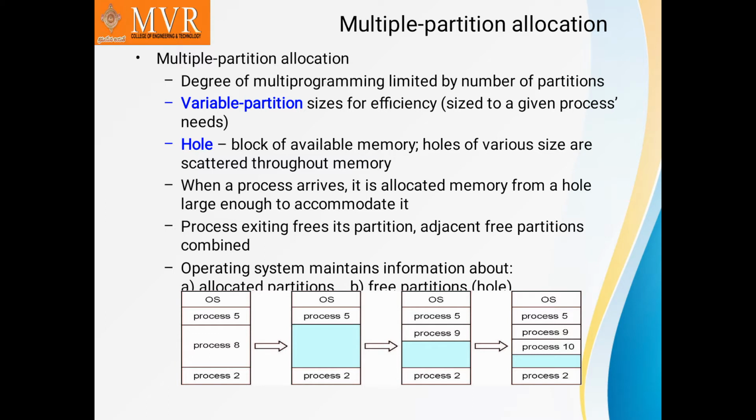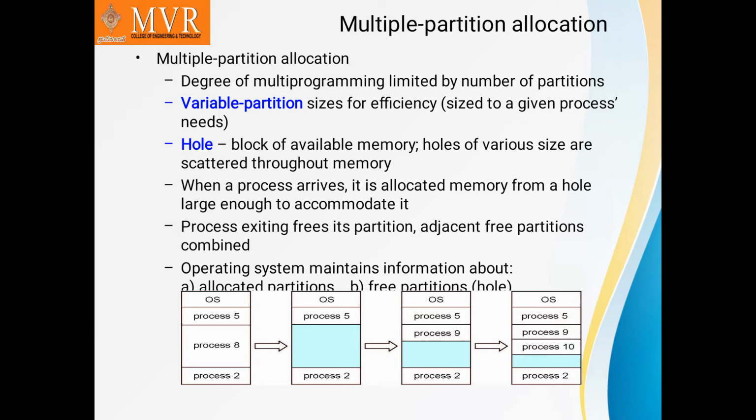Multiple partition allocation means the degree of multiprogramming is limited by the number of partitions, and it has variable partitions. Those variable partitions are sized for efficiency, to the size a given process needs. A hole is a block of available memory.